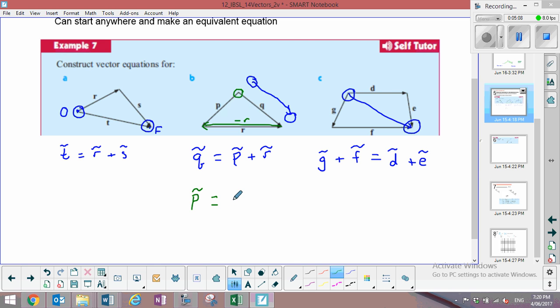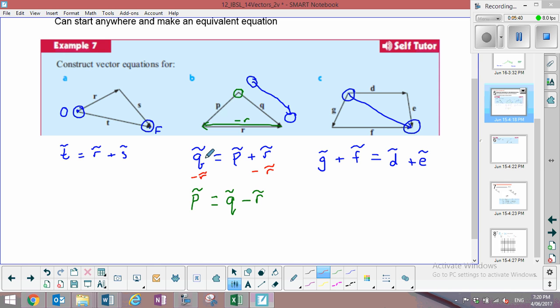So we could do q minus r, in other words, add that opposite vector, and that would get us to the same result as p. We can see how we're just doing algebra with our vector equations. So q equals p plus r, then we can say p is equal to q, and we are just subtracting r from both sides, minus r.